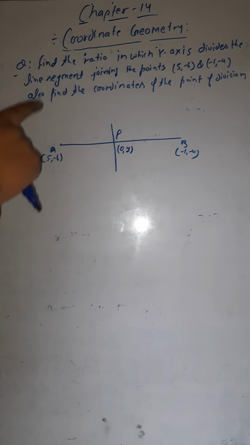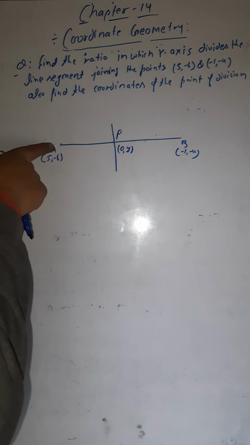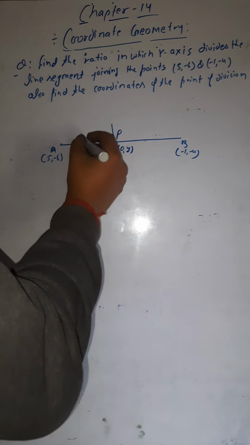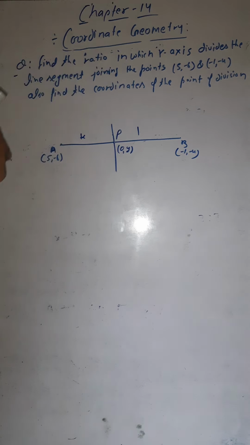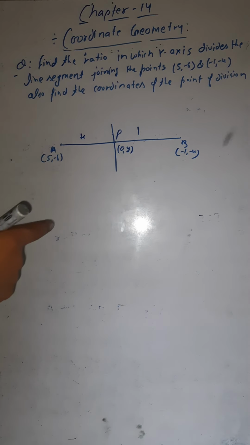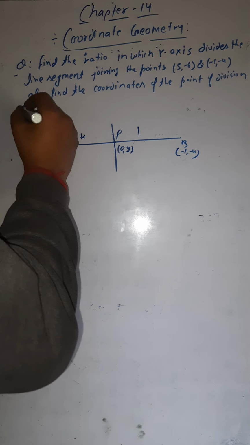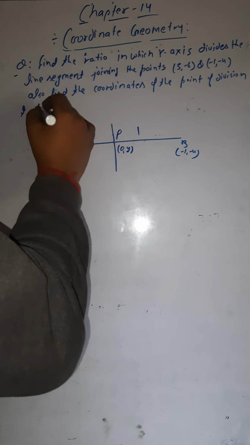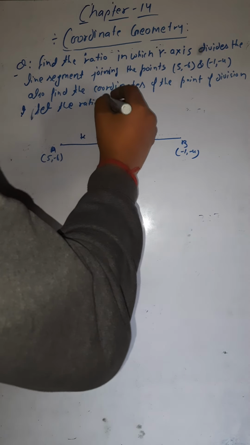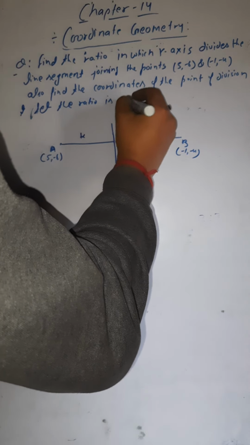Very good. Now let's say the point P is dividing line segment AB in the ratio k:1, as I told you in the previous question. Anywhere you are to find the ratio, you take the ratio as k:1. So here I am writing, let the ratio be k:1.